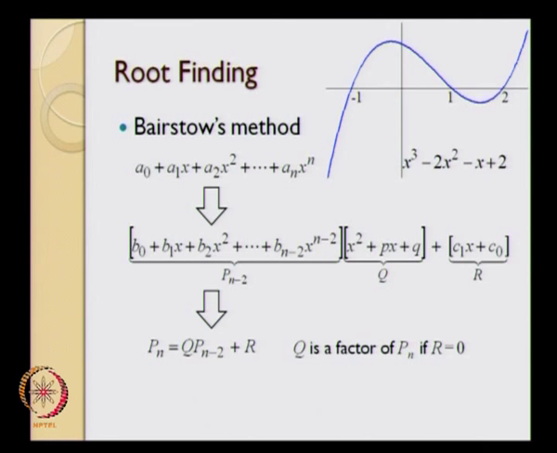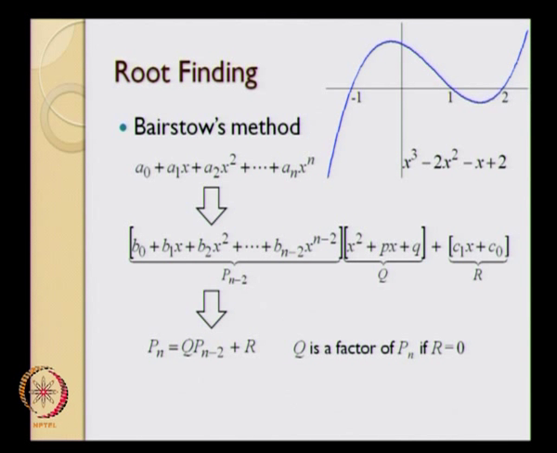And in today's lecture, what we looked at is the Bairstow's method for root finding. We actually did not go into the meat of the Bairstow's method because that would involve a fair amount of algebraic manipulations, which I think you will now be very well equipped to go and read up in any of the textbooks to understand that.